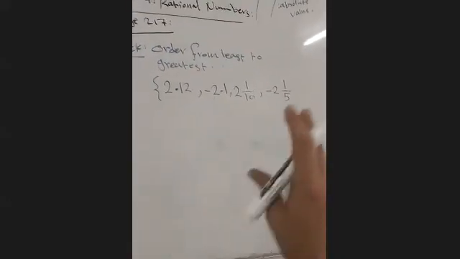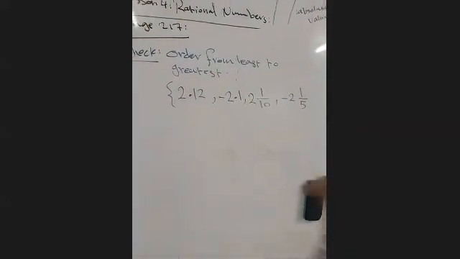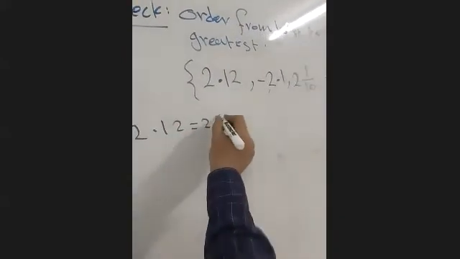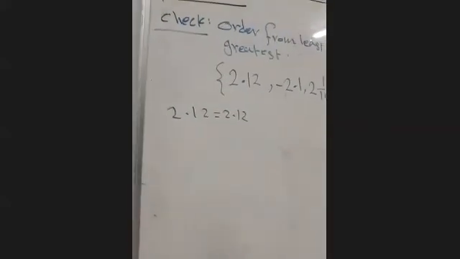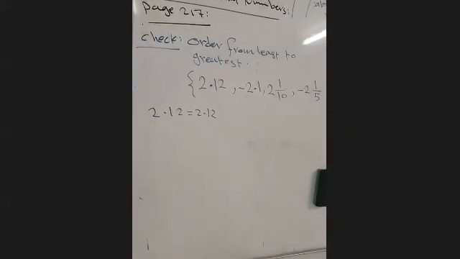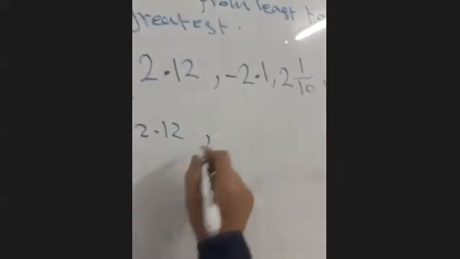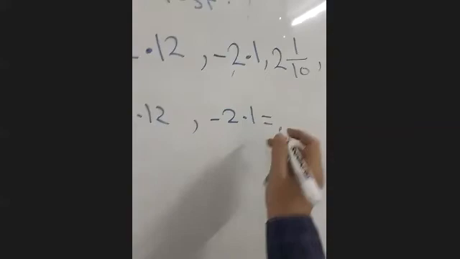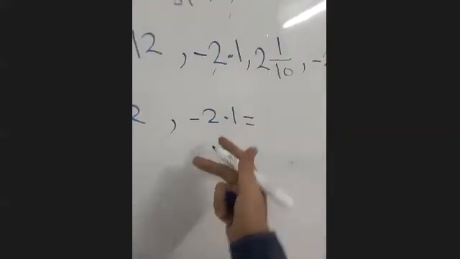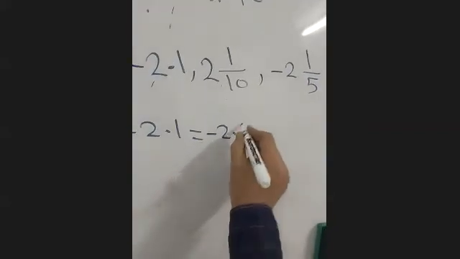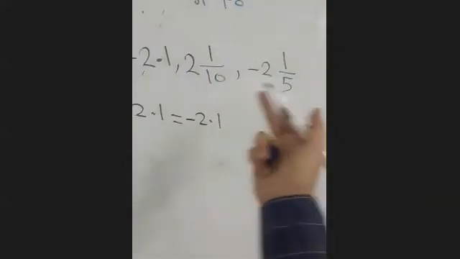Now we'll turn all of them to decimals. Let's start with the first one. 2.12 is already a decimal. Negative 2.1 is also ready. Here we have two mixed numbers.